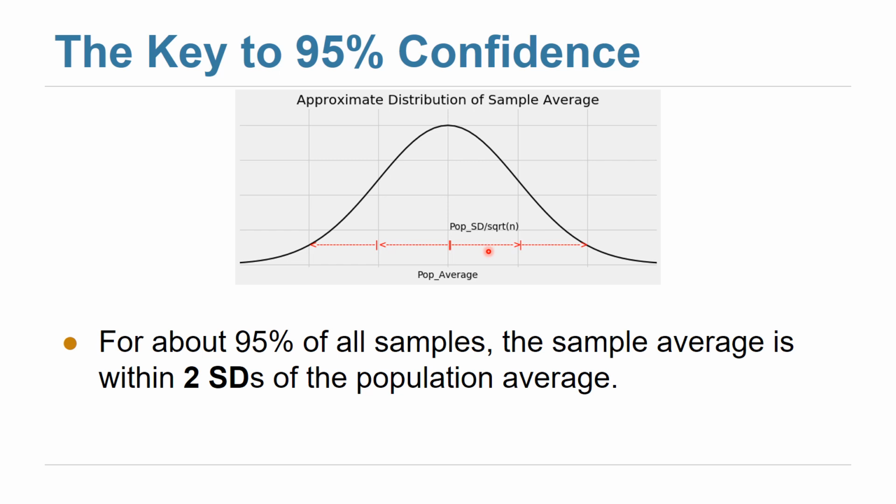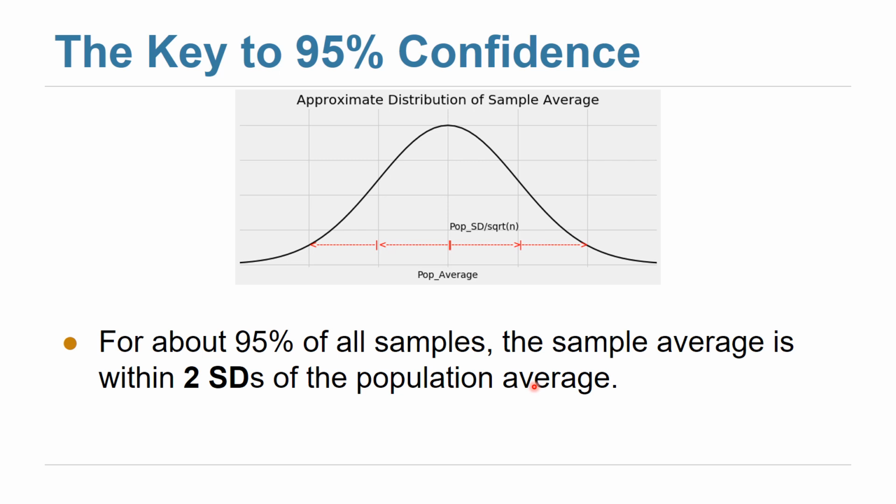From the normal distribution, we know that 95% of the values are within 2 standard deviations from the center of the distribution. Okay, so we can say that for about 95% of all samples, the sample average, the average that we will get from the sample, is within 2 standard deviations of the population average.